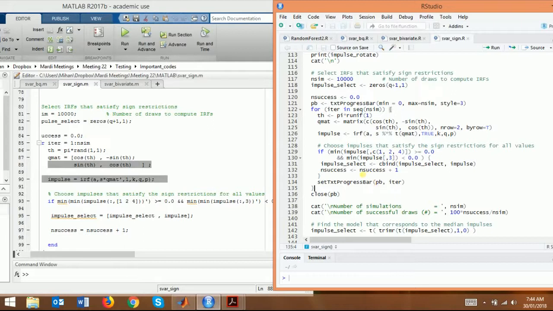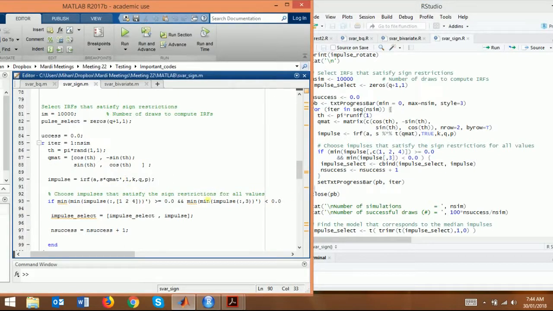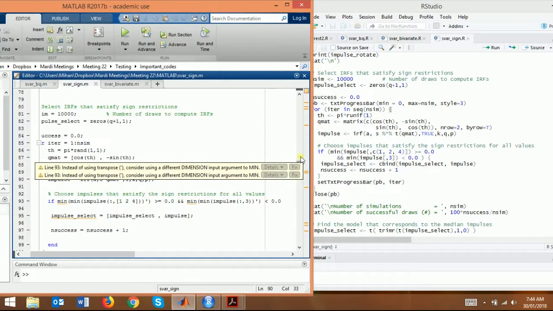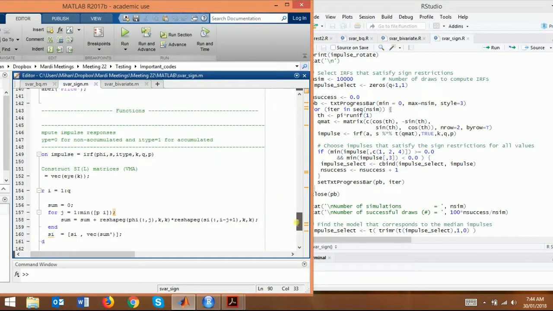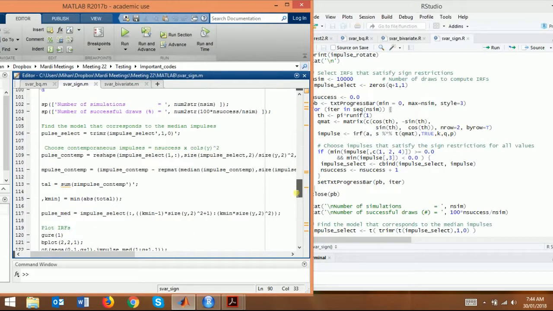If minimum, so command true, KQP impulse, 1 or true, 1 or true, go back to impulse function. What is 1? I type 1.